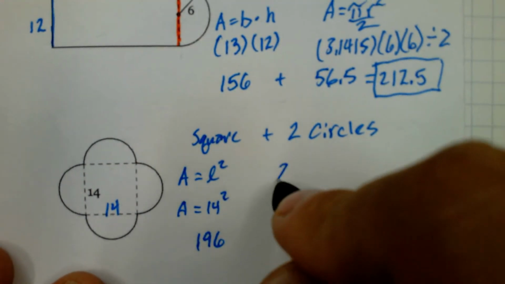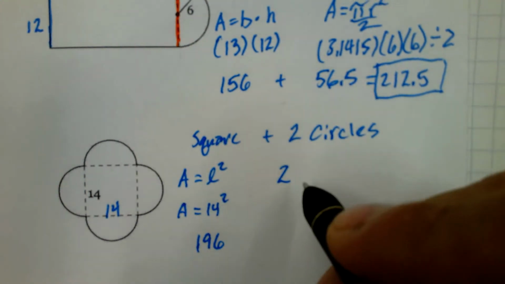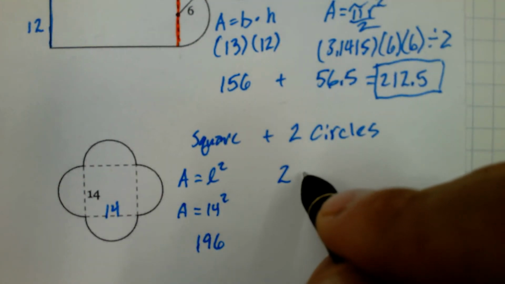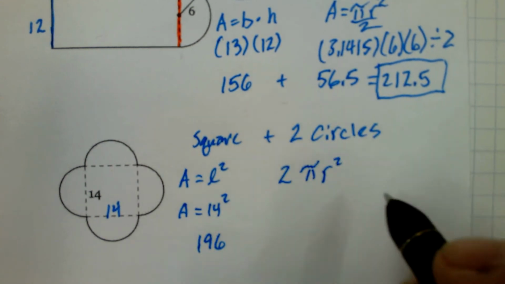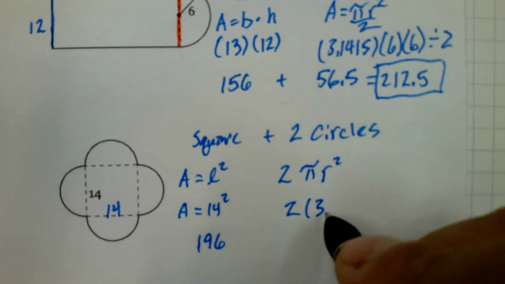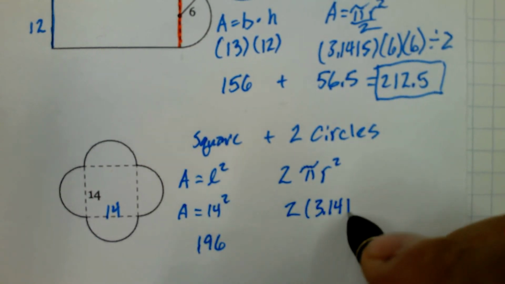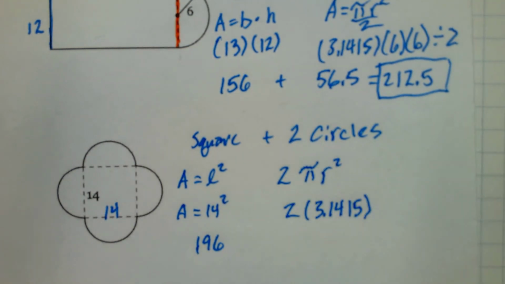Now let's get to the circles. We've got 2 of them, right? We're going to multiply by 2. And now the area of a circle is pi times radius squared. So it's going to be 2 times 3.1415 times radius. What's our radius? 7.